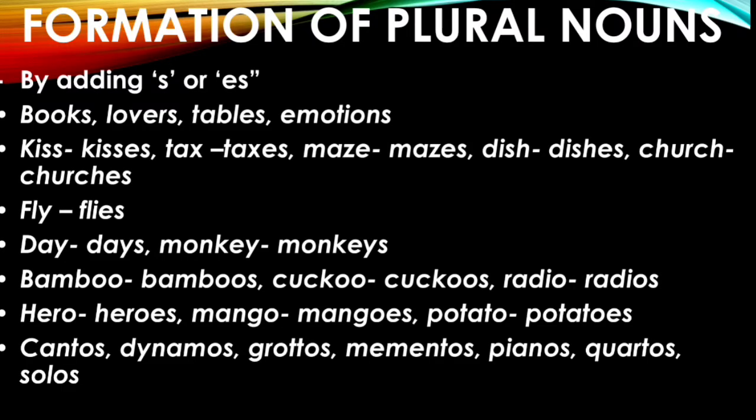And what are the other ways? These are simple ways by adding s or es with a word. Books, lovers, tables, emotions, and some words ending in s, x, z, sh or ch form a plural by adding es to the word.